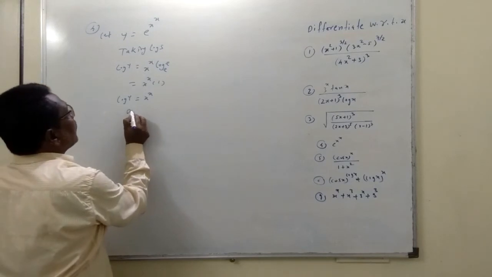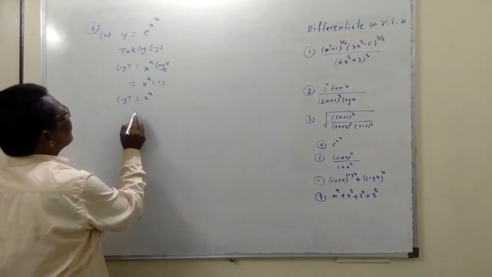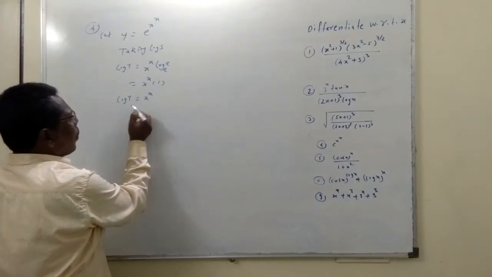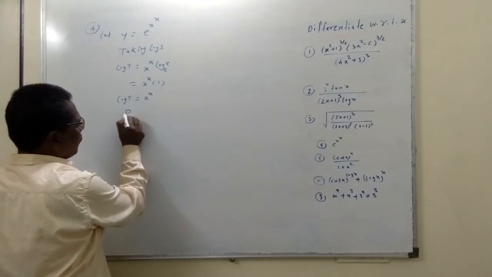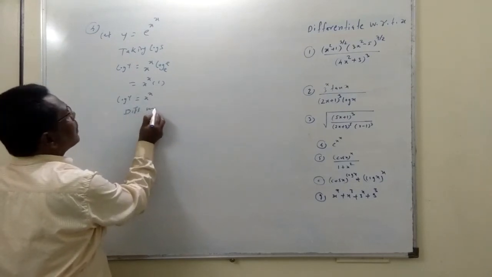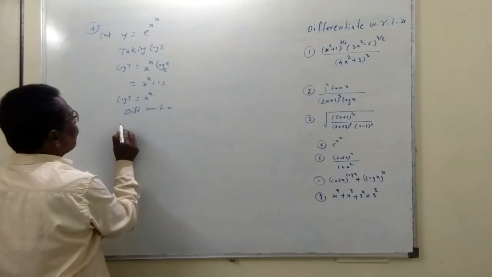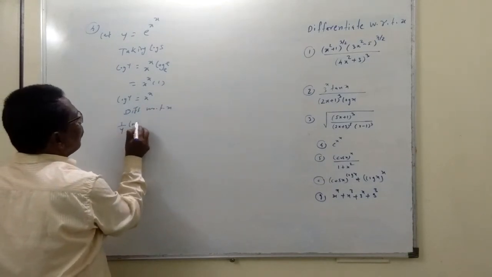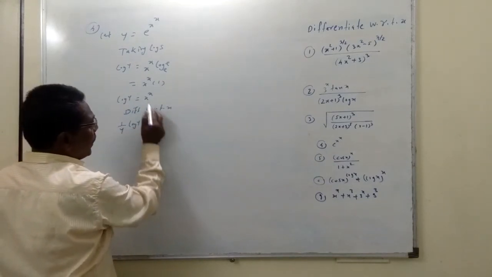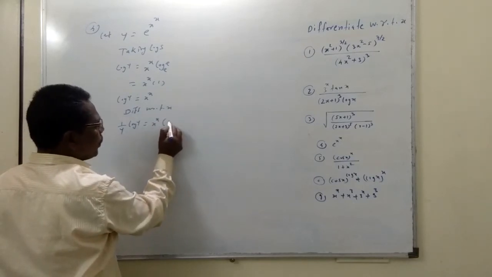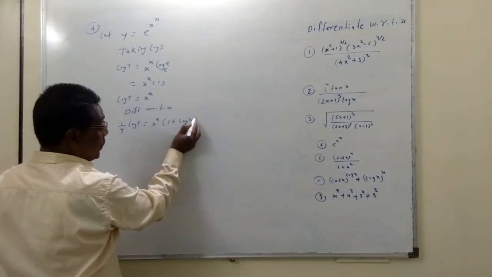Now we will differentiate with respect to x. Using the formula, 1 upon y dy by dx is equal to x raised to x, 1 plus log x.